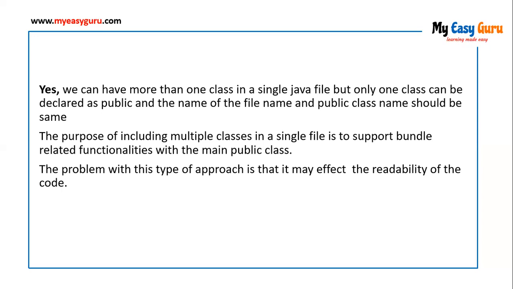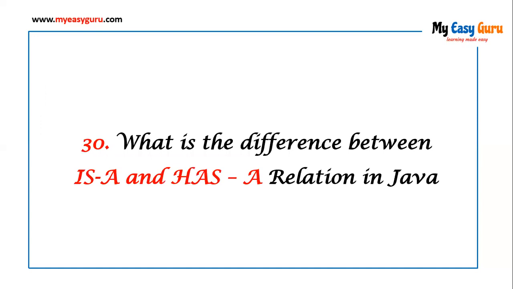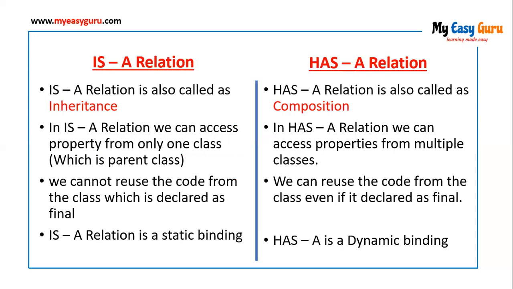Now, let's understand the next question. What is the difference between is-a and has-a relation in Java? So let's first understand the difference between the is-a relation and has-a relation. Is-a relation is also called inheritance, and has-a relation is also called composition.